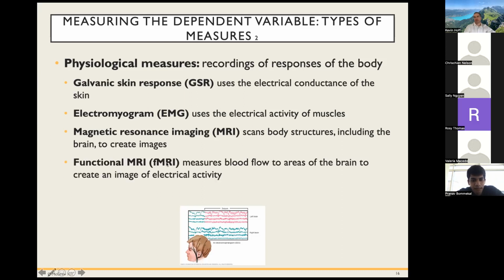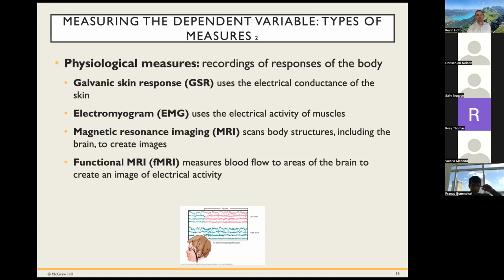There's two main types of MRI measures. There's the basic MRI, which is useful for scanning the structures of especially soft tissues in the body. If you ever had an injury to your knee or ankle or shoulders or anything like that, you may have gotten an MRI to see if there are any torn ligaments.